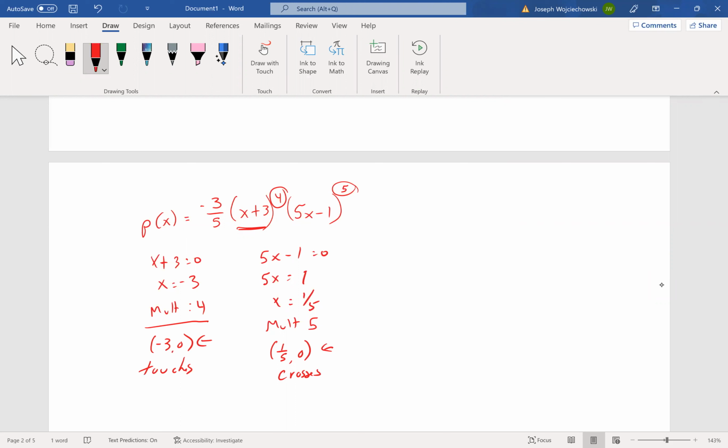Okay, what about this one here? Q of x equals 2x to the 6th minus 14x to the 4th. So we can factor out 2x to the 4th times x squared minus 1, which is 2x to the 4th times x minus 1, x plus 1.